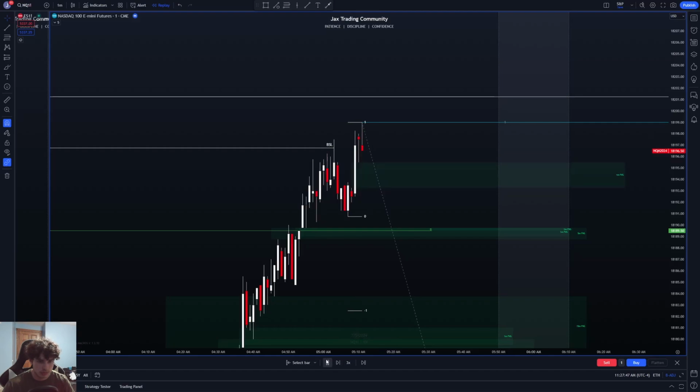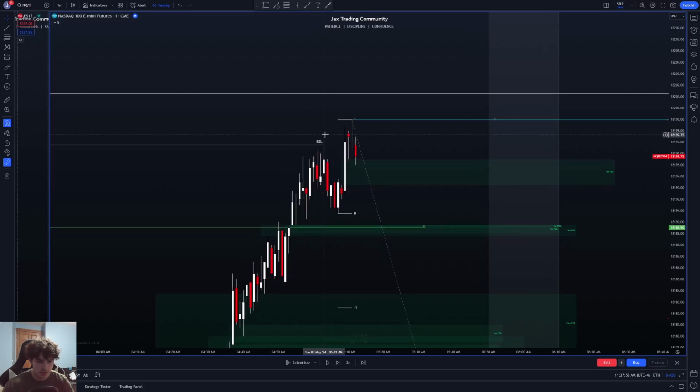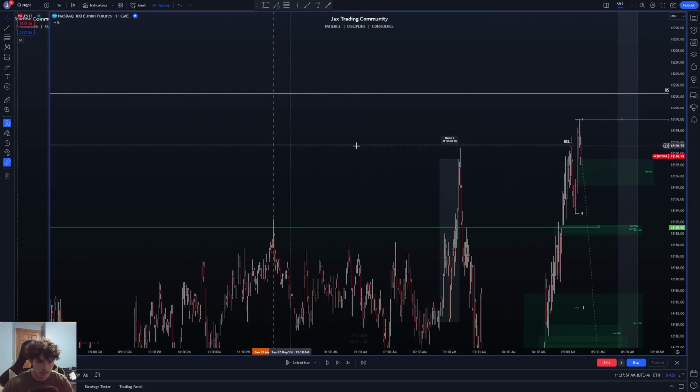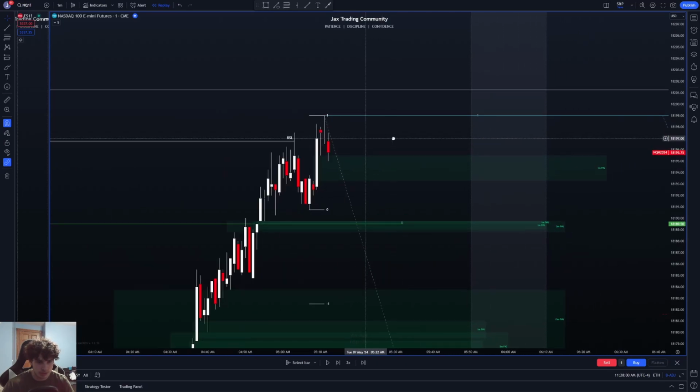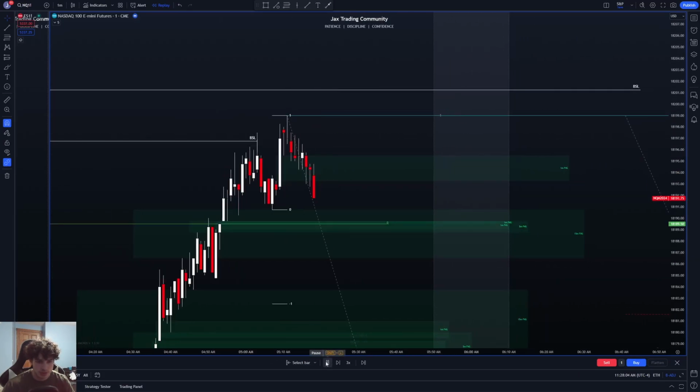We have this massive move up, so this can be manipulation because we manipulated this high. This is an internal manipulation after an external liquidity has been taken. So let's just see what happens here.